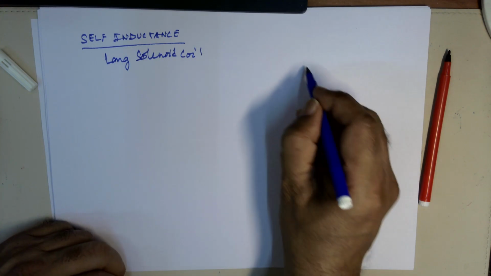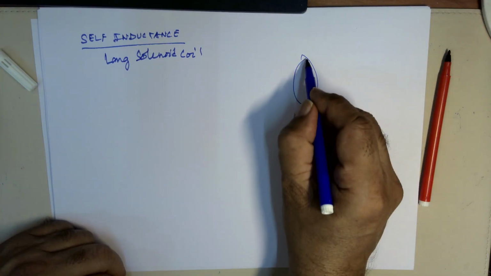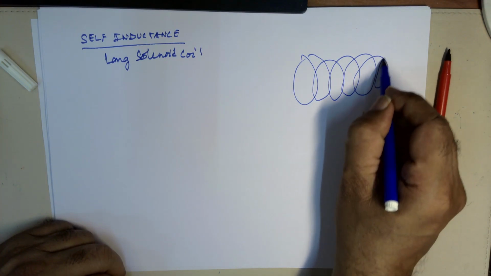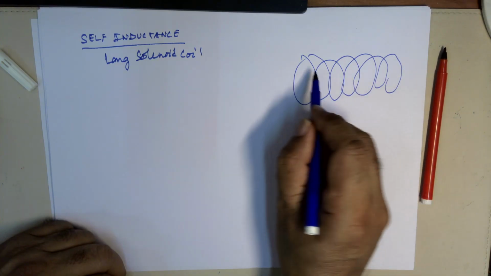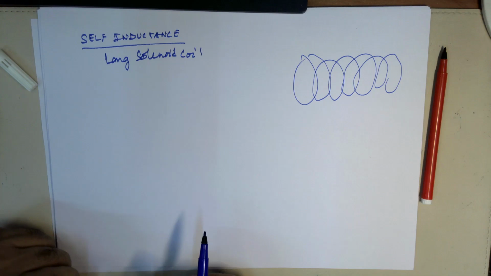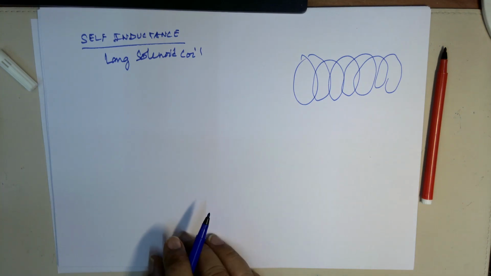What do you mean by solenoid coil? This is one turn coil. If it contains n number of turns wound along a cylindrical pattern, that is called solenoid, right? So this is solenoid coil.